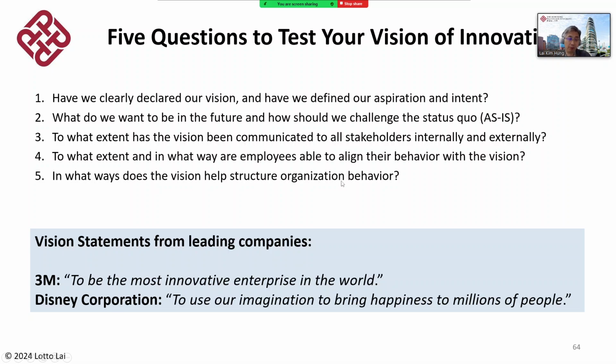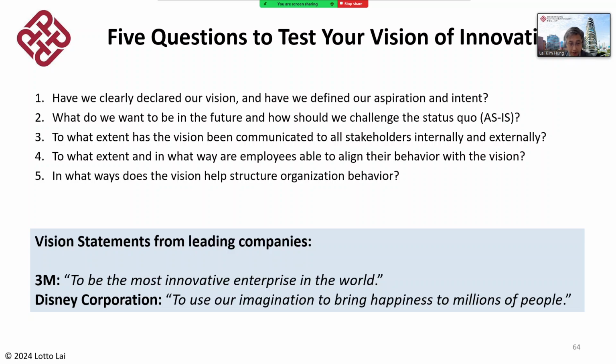So in this book, they propose 5 questions to test your vision of innovation. First, you need to ask how we clearly define our vision, and have we defined our aspiration and intent. What do we want to do in the future? How should we change the stay-the-course, as-is situation?